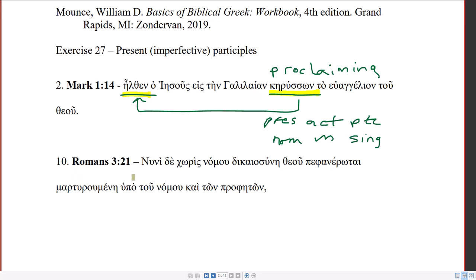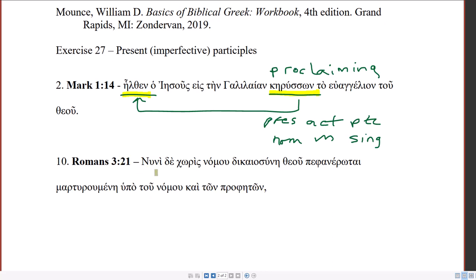Let's look at the next one here from Romans 3:21. Nuni de choris namu dikaiasune theou pephanerotai martyrumene hupa tu namu kai ton propheton.